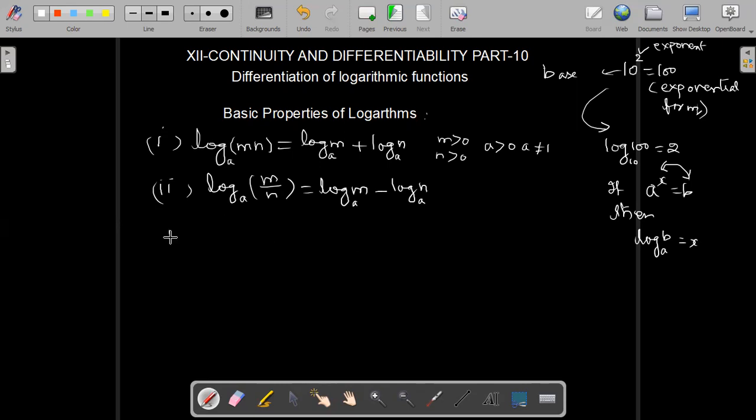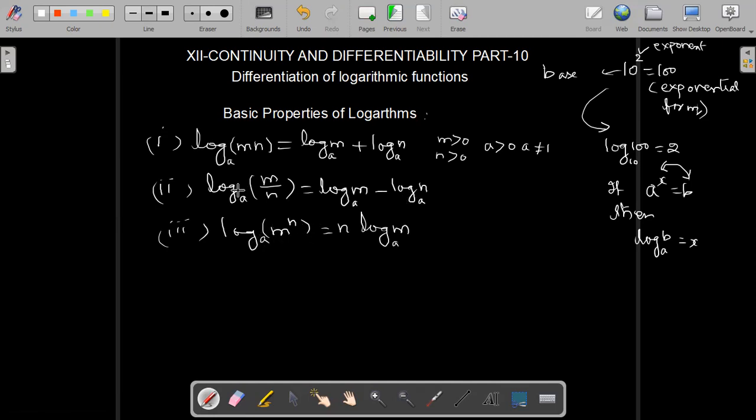And the third, most frequently used property is m to the power n. Then this n will come in multiplication: n log m to the base e.